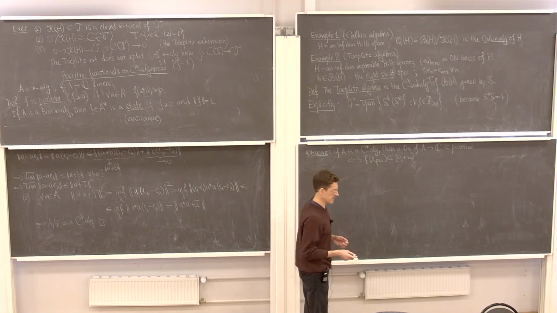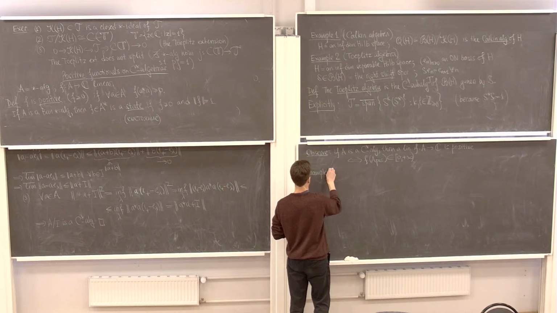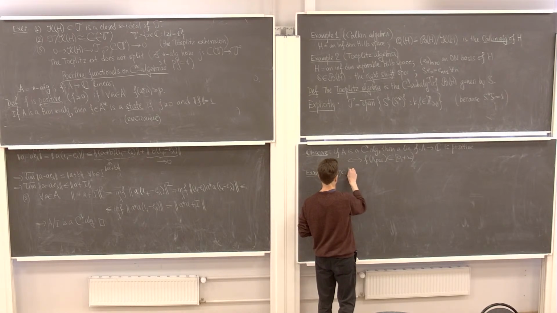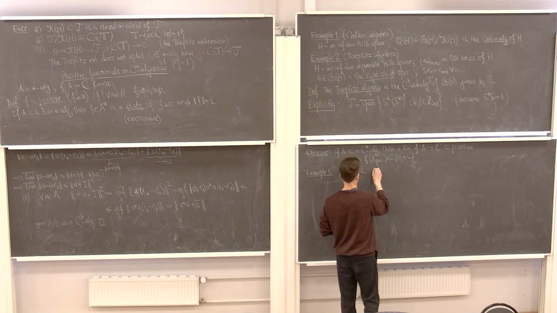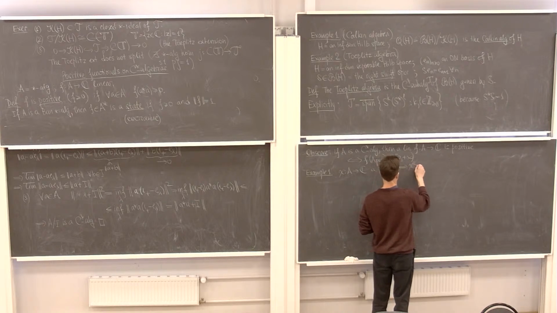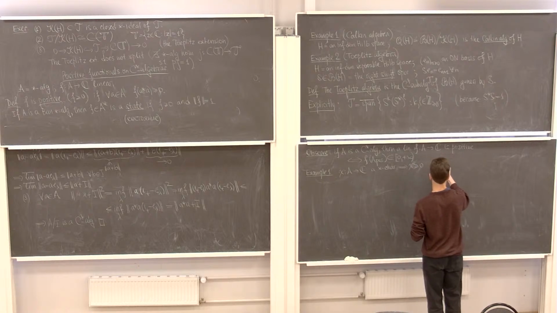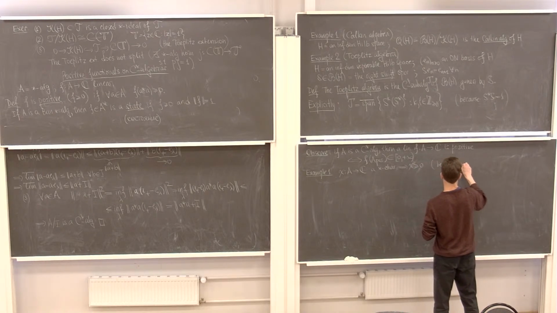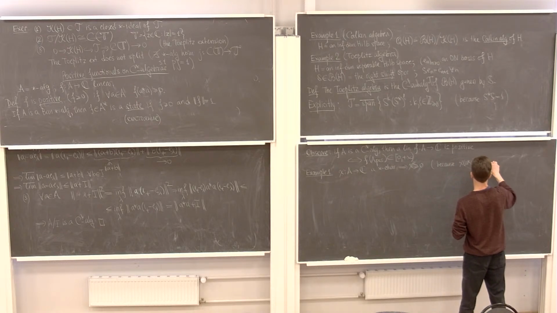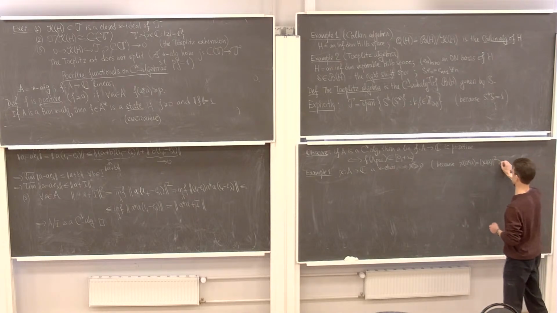Okay, let's now look at some examples of positive functionals. Example 1. If chi is a star character, then clearly chi is positive, for a simple reason: chi of A star A is just the absolute value of chi of A squared, and this is non-negative.